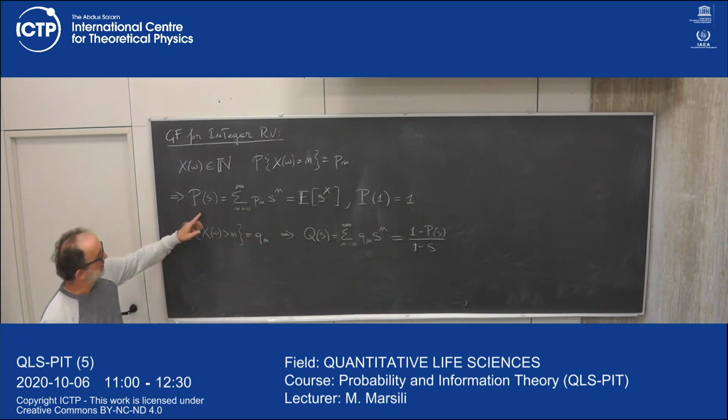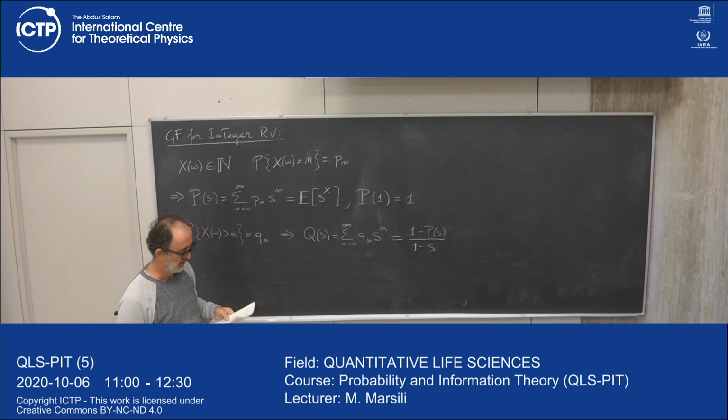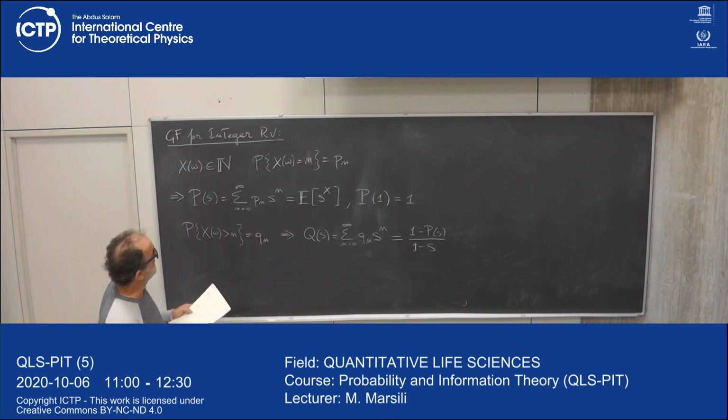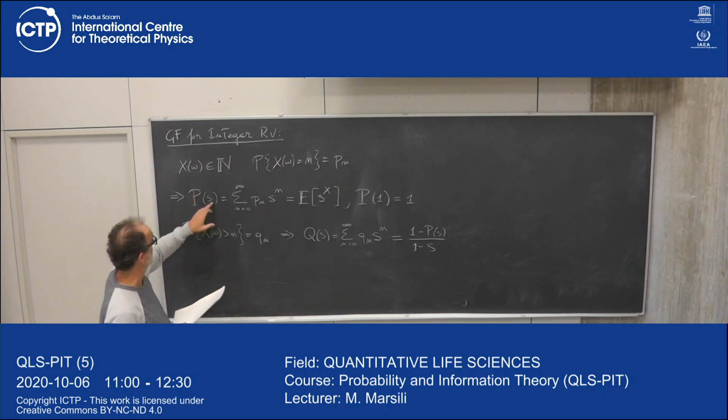Because when s is equal to 1, this disappears, and you just get the normalization of the probability. But there are a lot of other interesting properties that you can extract from the behavior of this function close to s equal to 1.